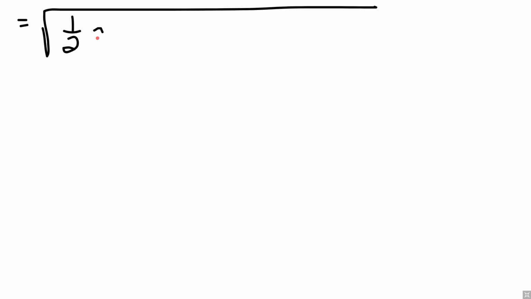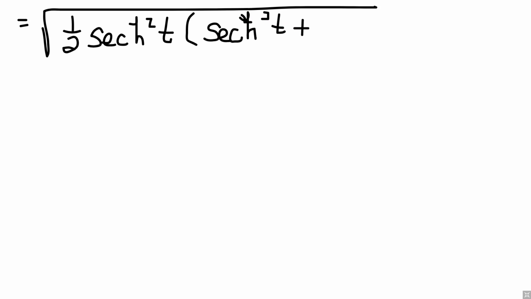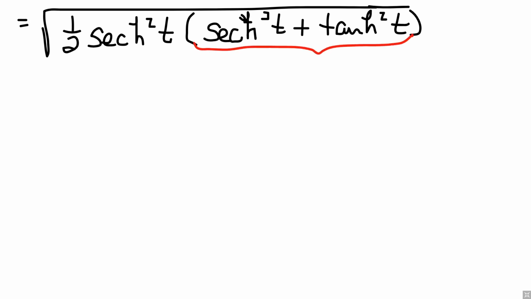Okay, so this is going to be the square root of 1/2 secant hyperbolic squared, and then what I'm going to have left is secant hyperbolic squared t plus tangent hyperbolic squared of t. Now, if we take a look at our identities, we know what this is going to be equal to.